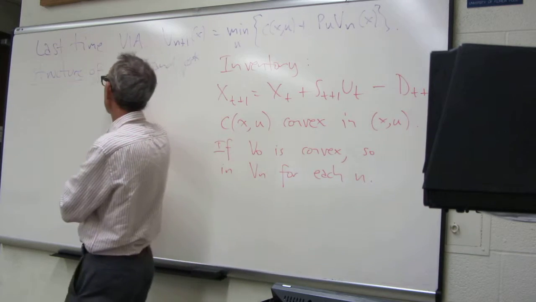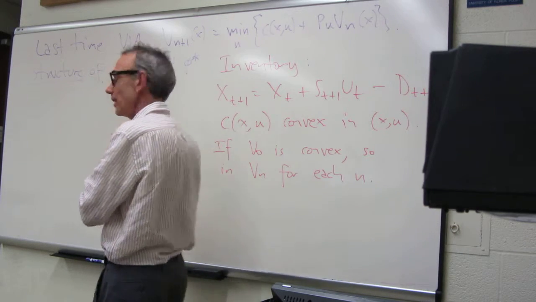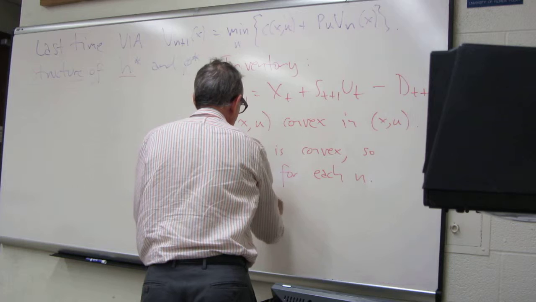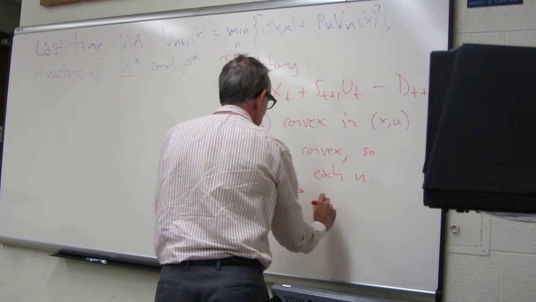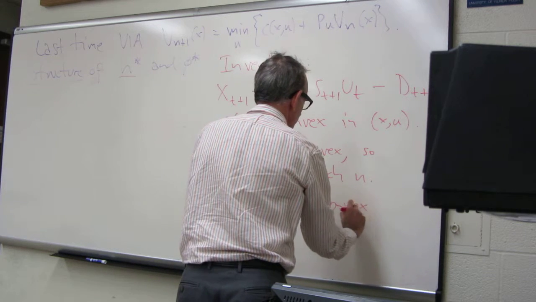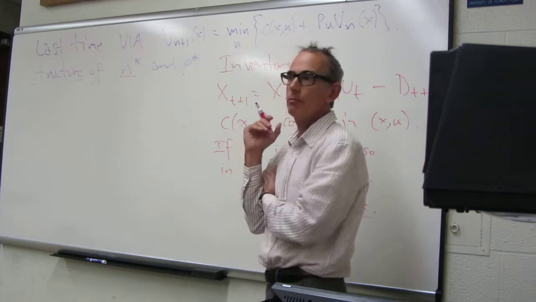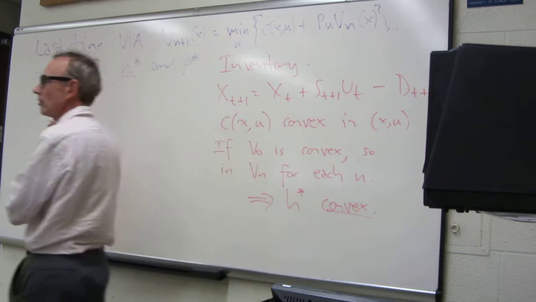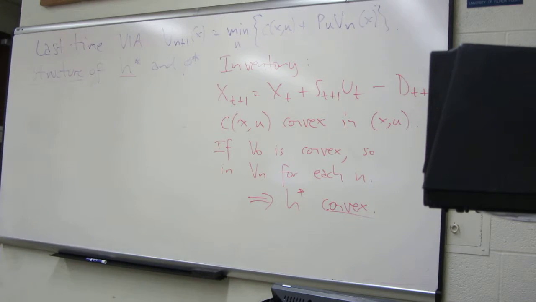So that gives you structure of V star. So V star turns out to be convex. Because basically you can choose an initialization such as 0. Take V0 to be 0, that's a convex function. So you'll find out that V1, V2, V3 are convex.